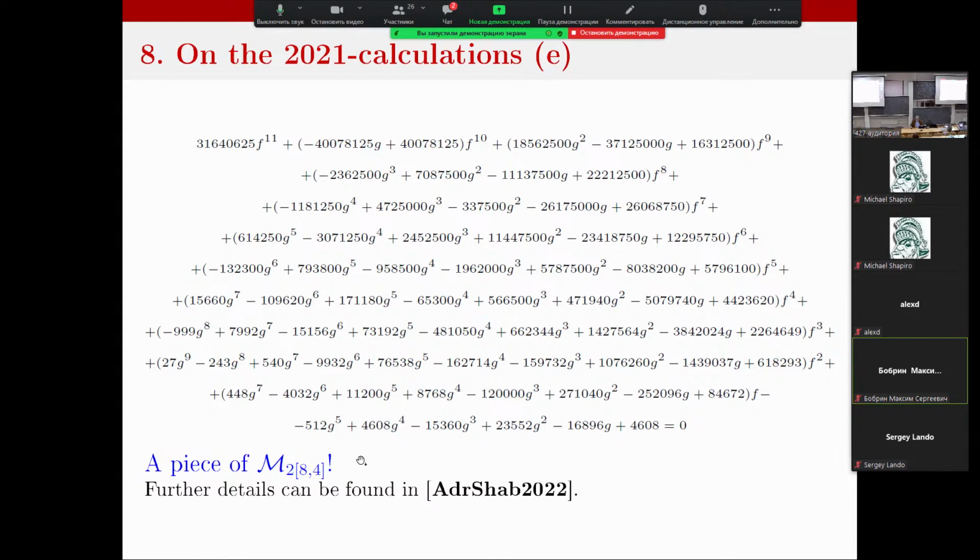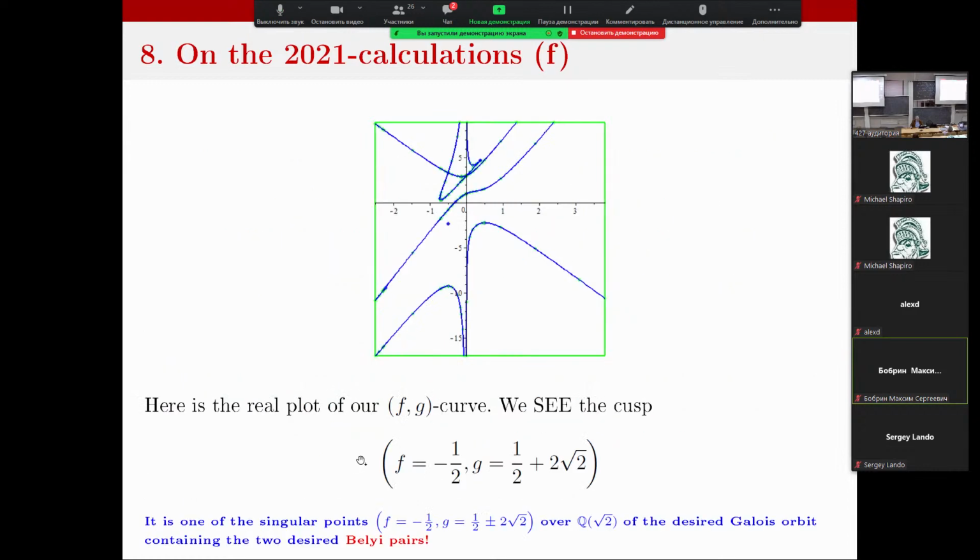Yes, it has, and well, it is just a funny detail that it is defined over reals, and here you see the piece of sets of its real points, and mind this cusp, please. This cusp corresponds to one of the Belyi pairs we were looking for.